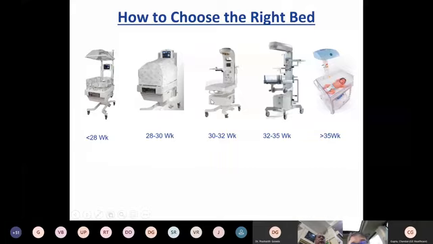You need to be very sure you have a 36 to 40 density mattress, which would be very comfortable for the patients. So care, comfort and safety, all three things have to be looked into in any product you are buying from the market. You have to ensure those things.